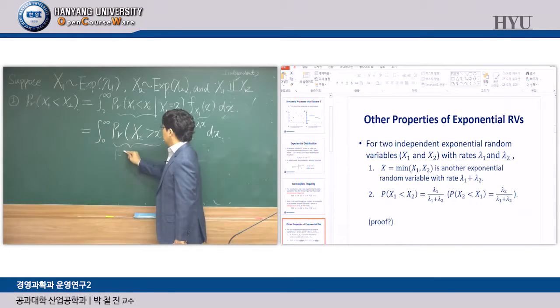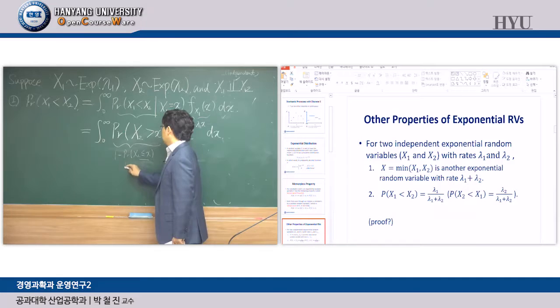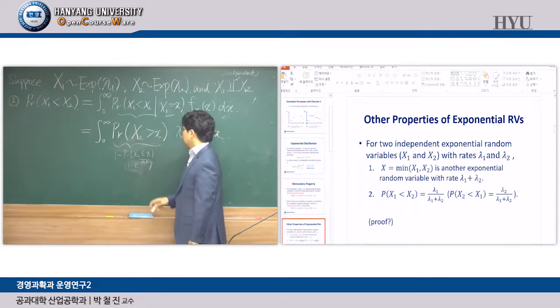Actually, it is 1 minus the probability that large X2 is less than or equal to small x, and this one is the CDF of large X2. So this is e to the negative lambda 2 x, right?